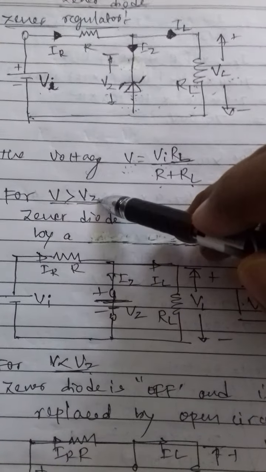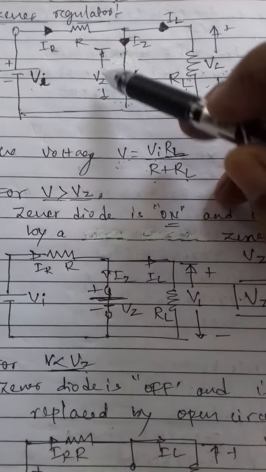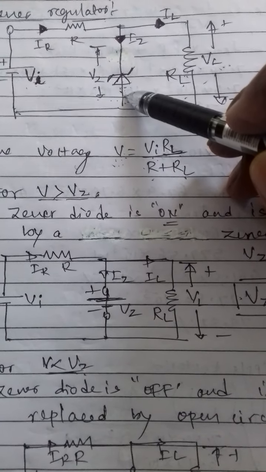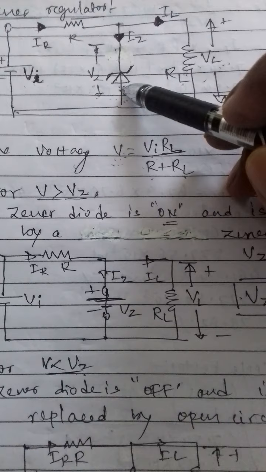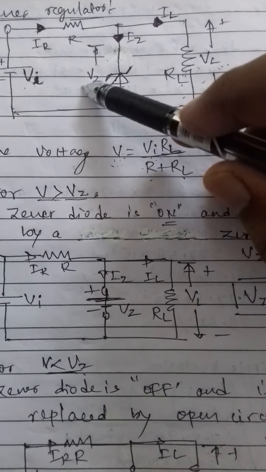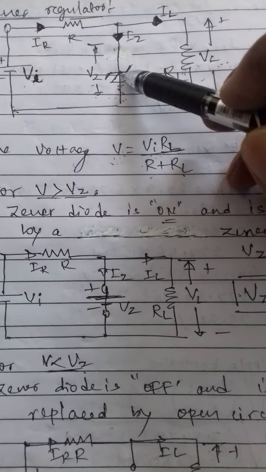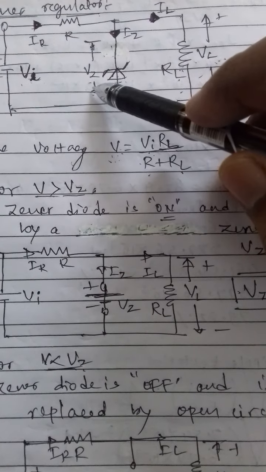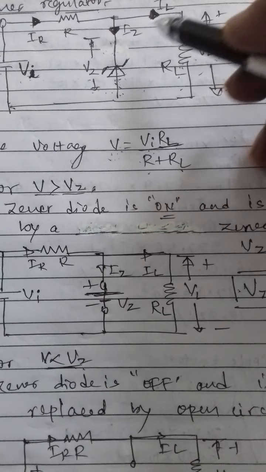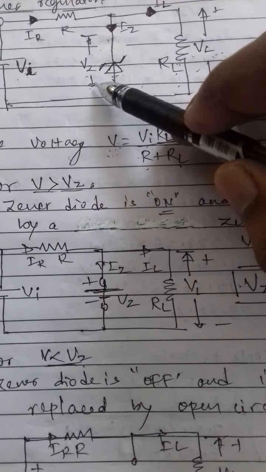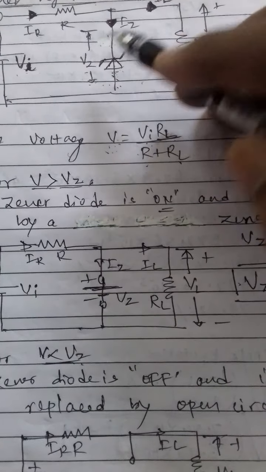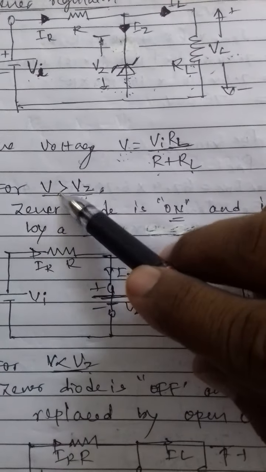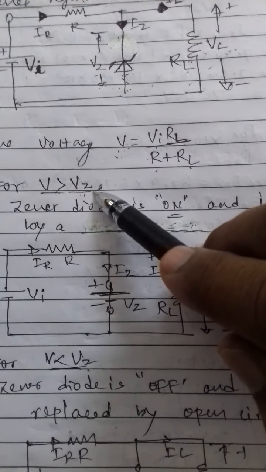For the voltage V greater than Vz, where Vz is the voltage across the Zener, which is specified by the manufacturers of the Zener diode, these two voltages must be compared.